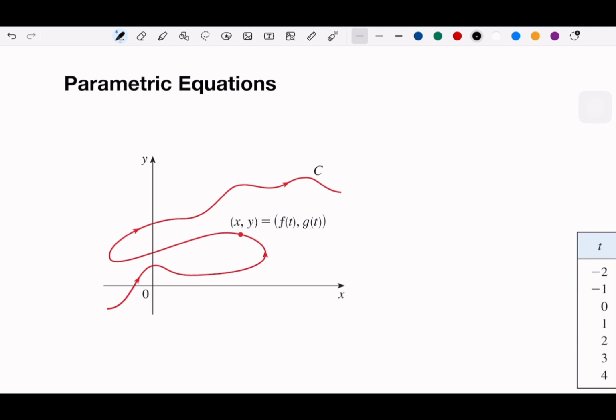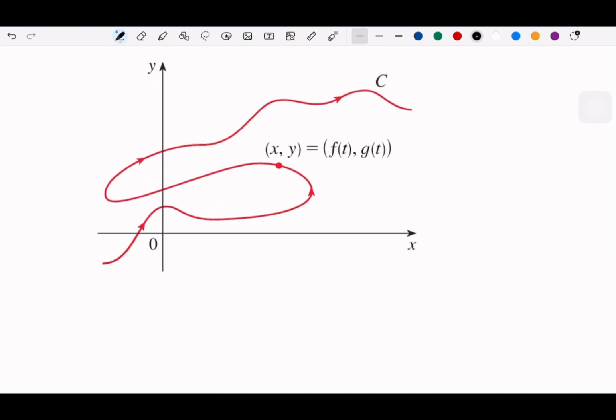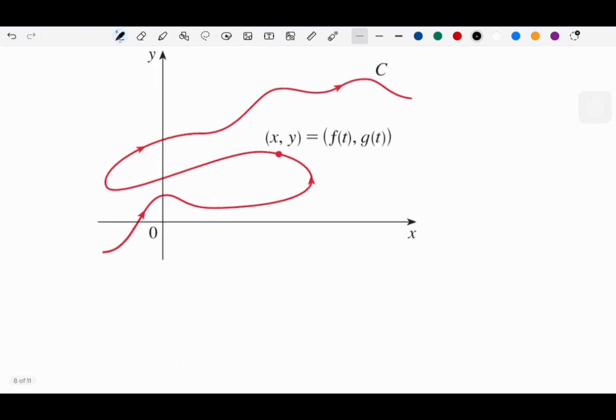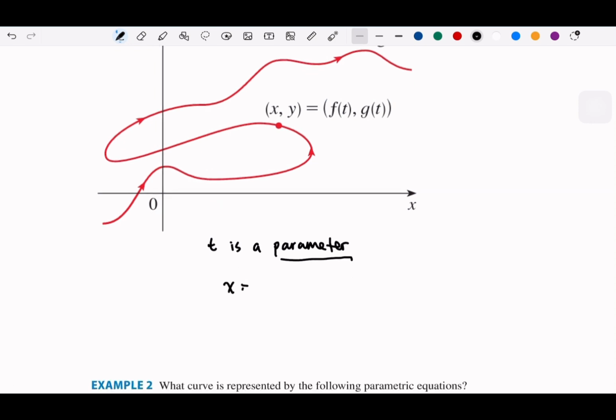Okay, that's parametric. So when we deal with this parametric, I will start right here. That is, t is a parameter that can be defined by x is f of t and y is another function, let's say g of t.